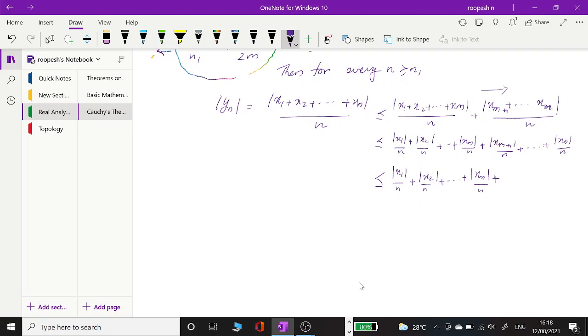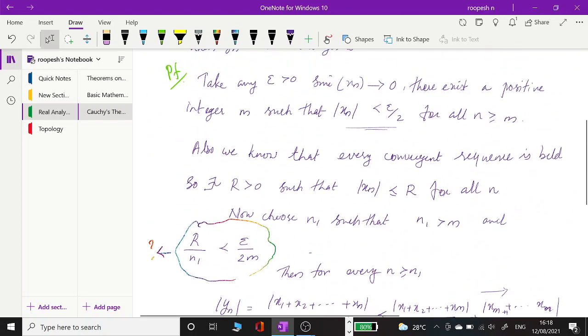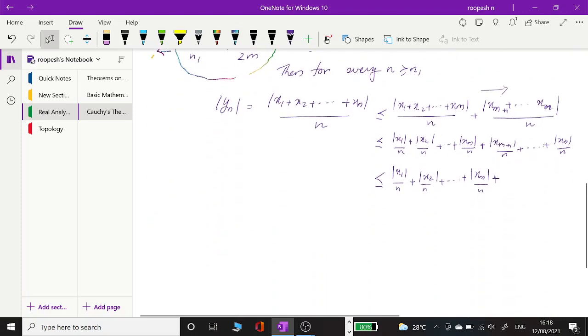So I know that for every n greater than m, mod of xn is less than epsilon by 2. So I can replace each of those with epsilon by 2, but 1 by n is outside, so I put 1 by n into epsilon by 2 plus etc. plus epsilon by 2.